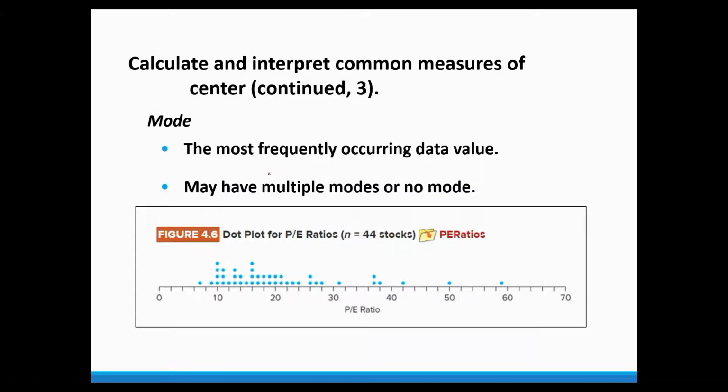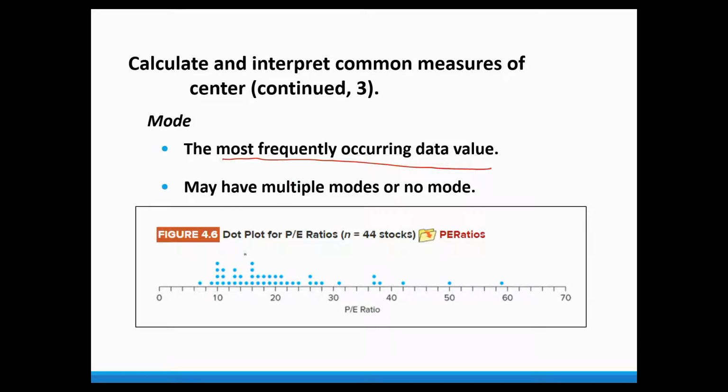The third measure of centrality, or the midpoint, is called the mode. Mode is the most frequently occurring data value.